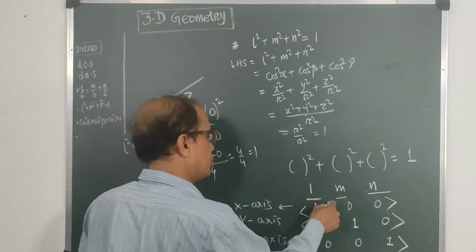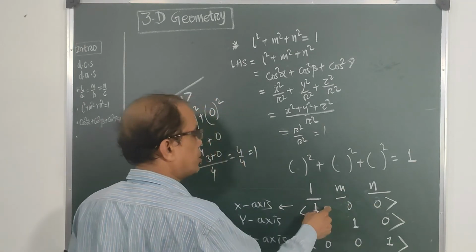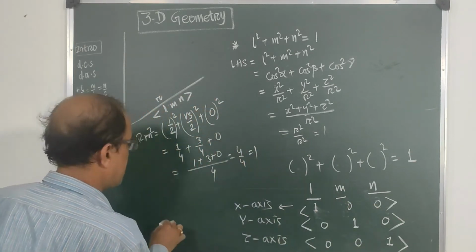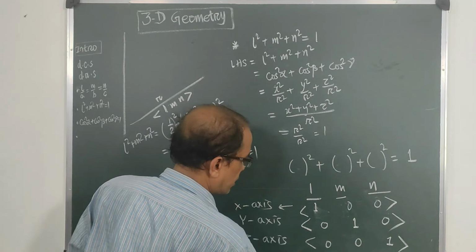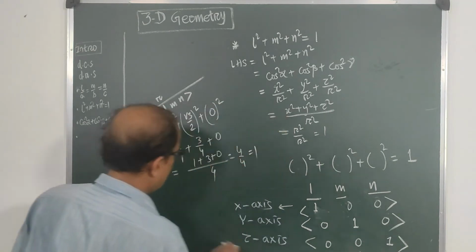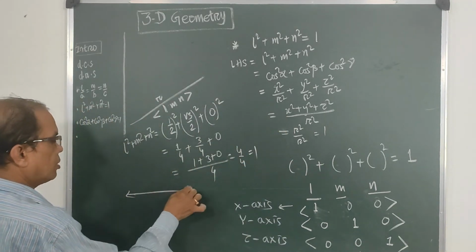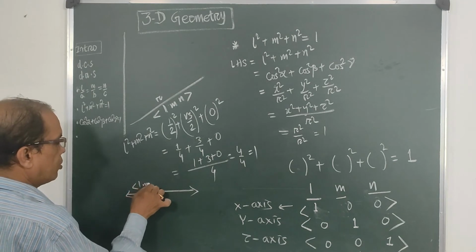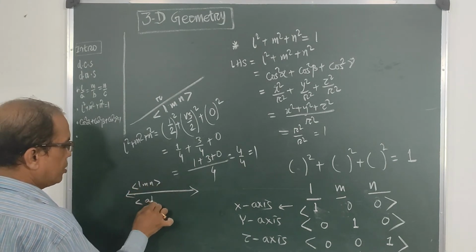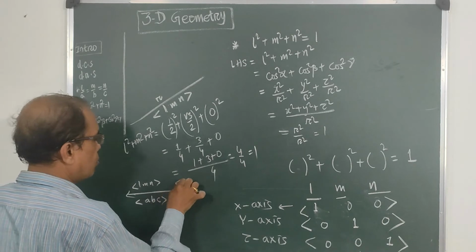And since the simplified ratios will also be the same, they can also be taken as A, B and C. So the x axis has LMN and ABC equal to the same, that is 1 0 0.